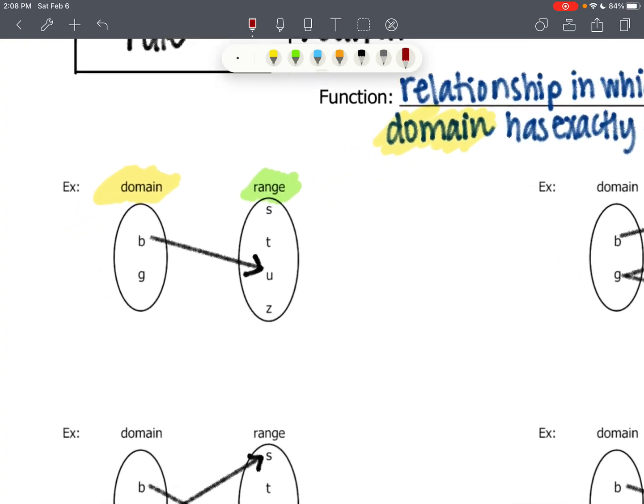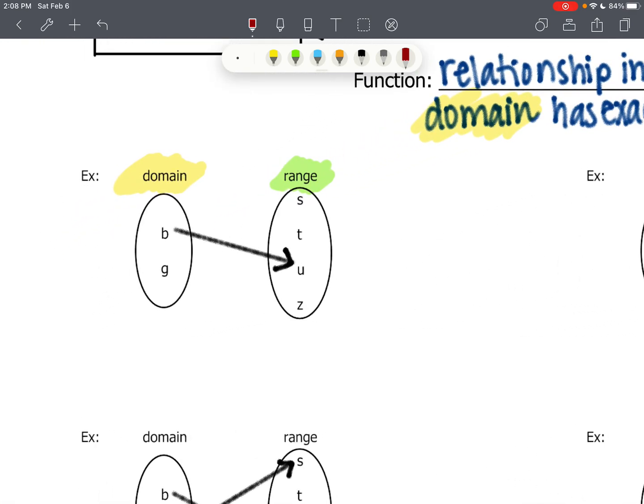So when we're looking at this first example, is this a function? That's what we're going to ask ourselves on all of these. First, every element of the domain needs to be used, and when it is used, it can only have one output.